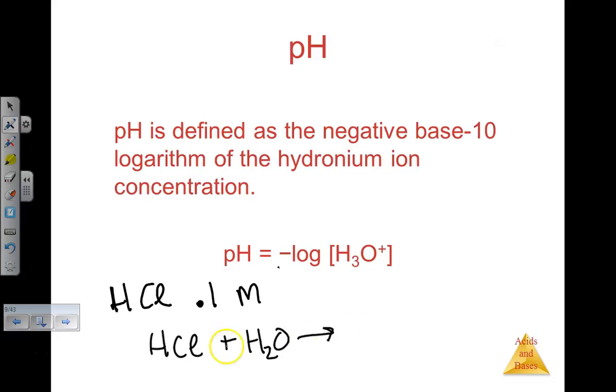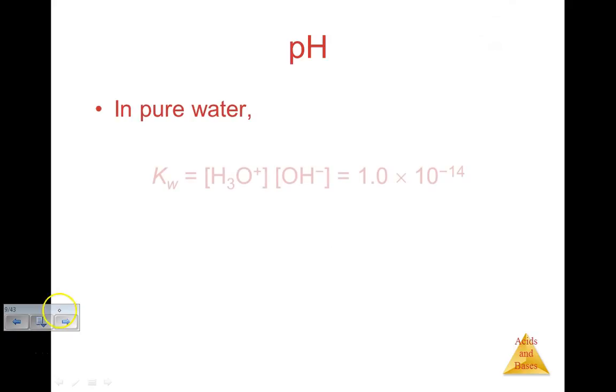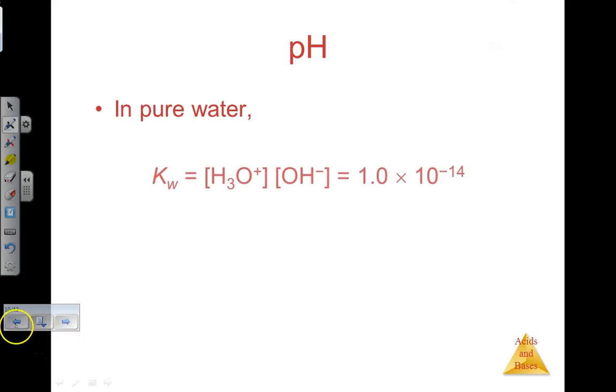It's not in equilibrium. It completely dissociates to form H3O+ and Cl-. So if we had 0.1 molar here at the beginning, how much H3O+ is produced? Well, all of this dissociates, so at the end we're going to have none of the HCl, but here we're going to have 0.1 molar.